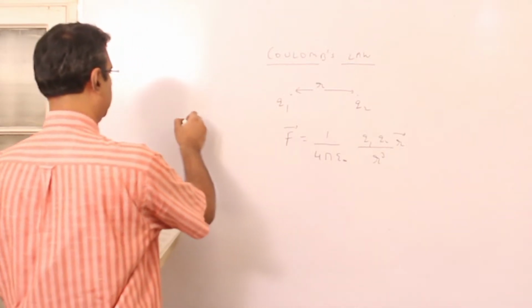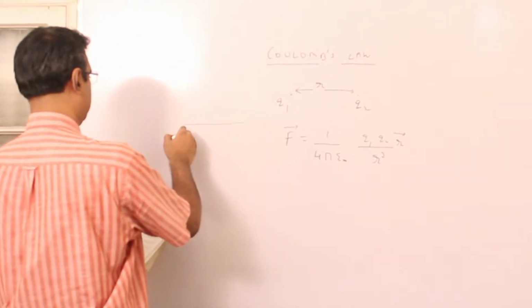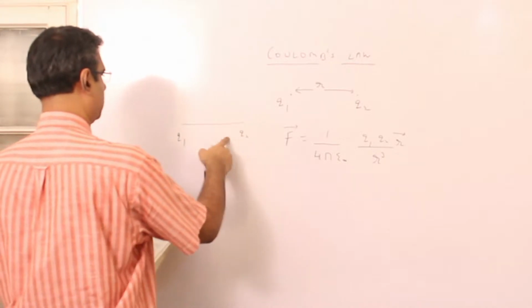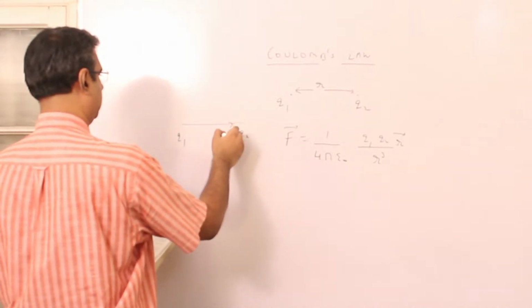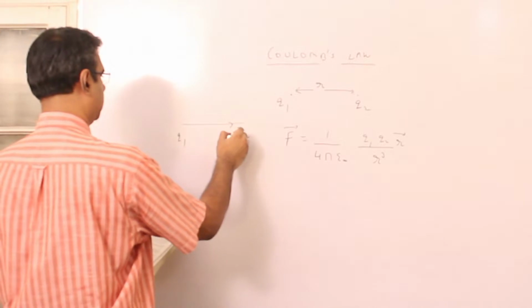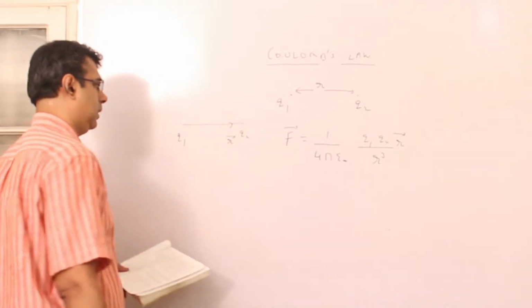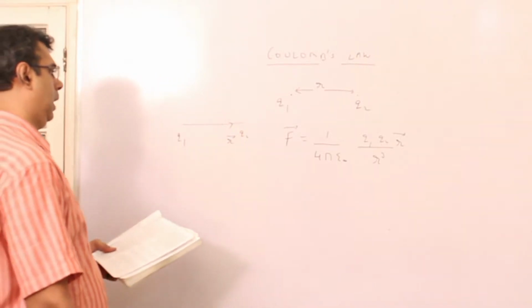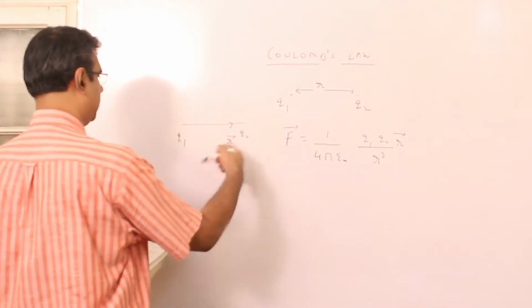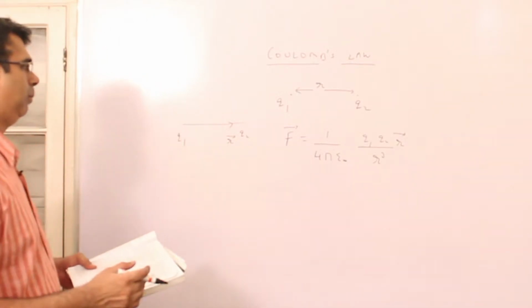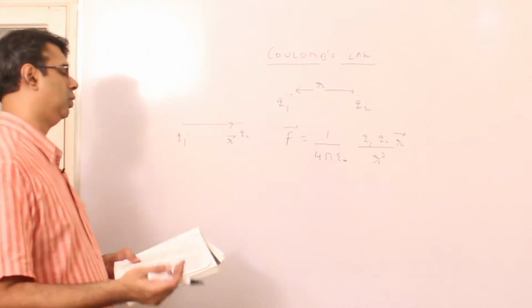Like say for example, when I am considering the force on Q2, then vector R will be directed like this. This will be the direction of vector R, and that means the vector R will point either towards Q2 or away from Q2.